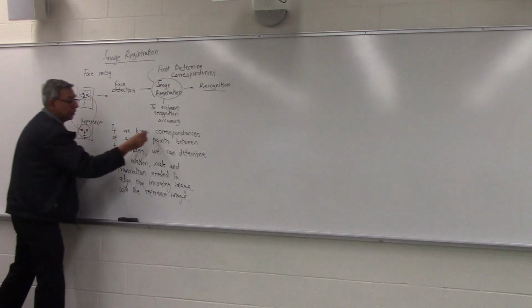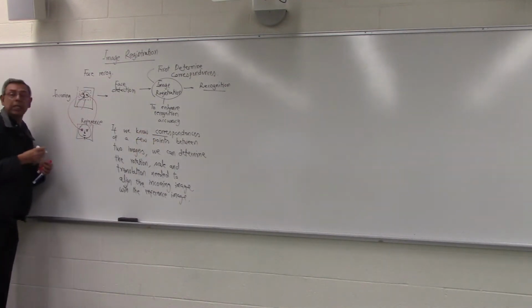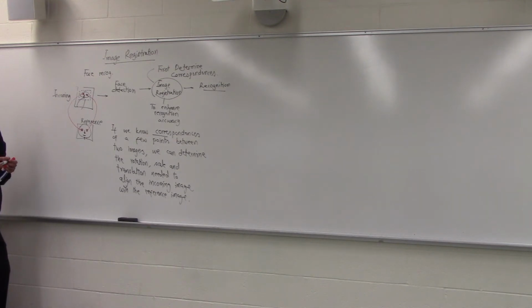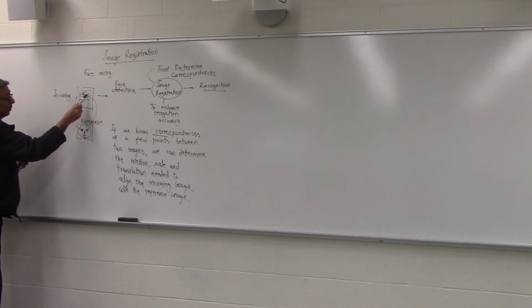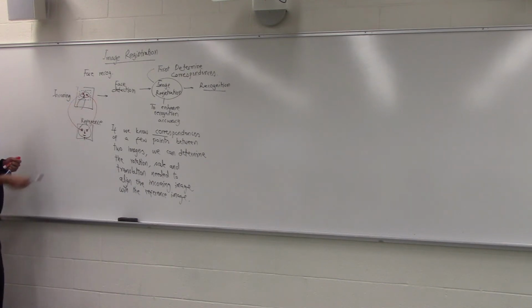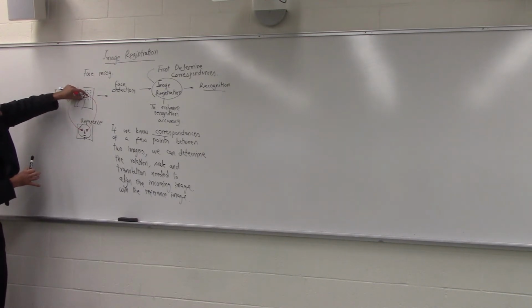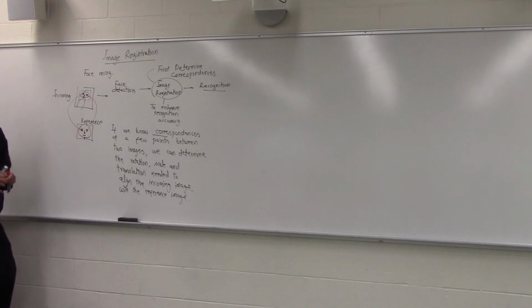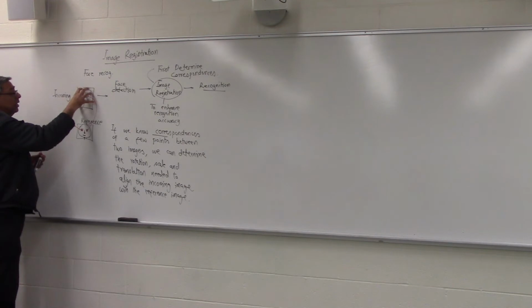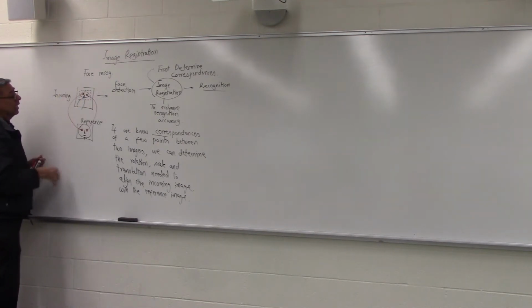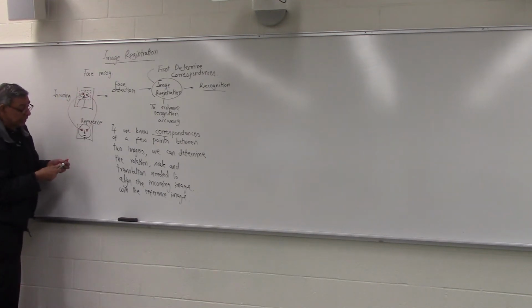How do we know the correspondences? We'll go into another technique later on, but for today's lecture, we'll assume we know where the eye is, for example, we know where the right eye is, we know where the nose is. Then, based on this knowledge that these 4 or 5 points correspond to our 4 or 5 points in the reference image, we determine what rotation, what scaling, and translation, which is another technical term for a simple shift.